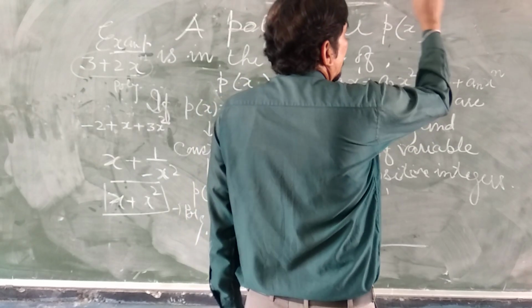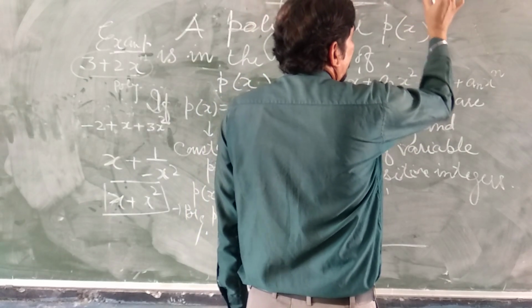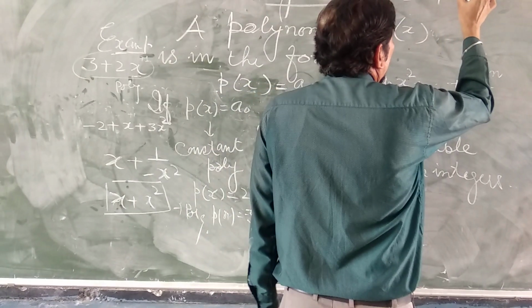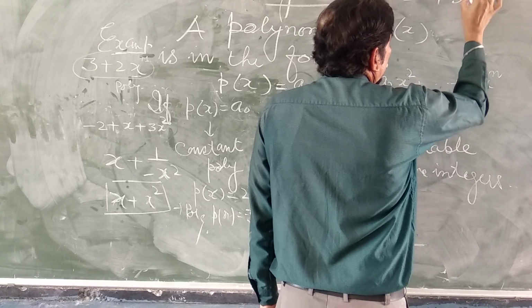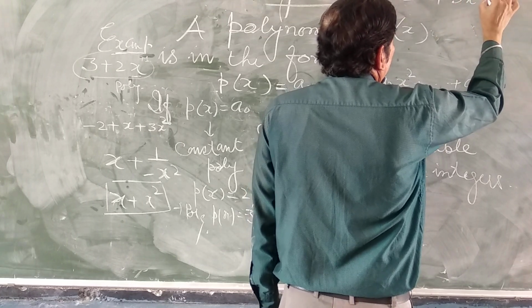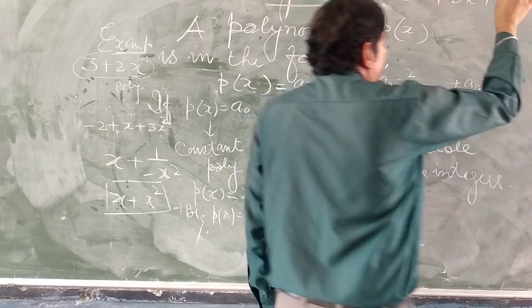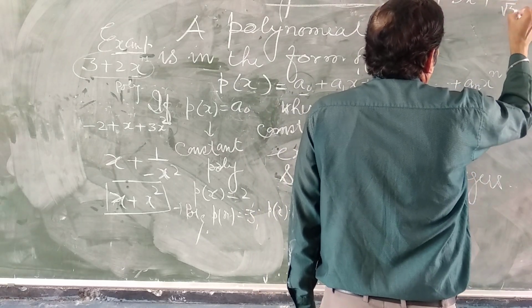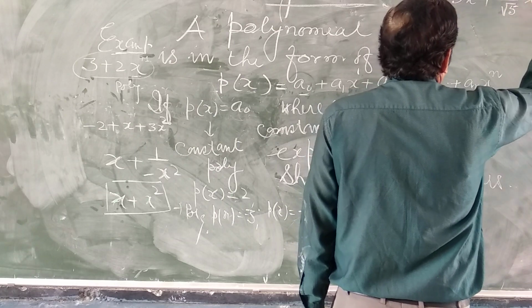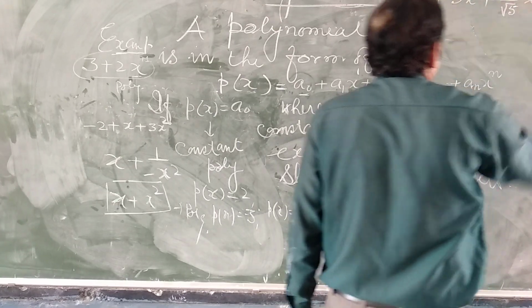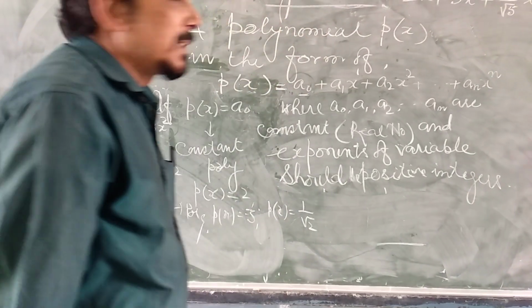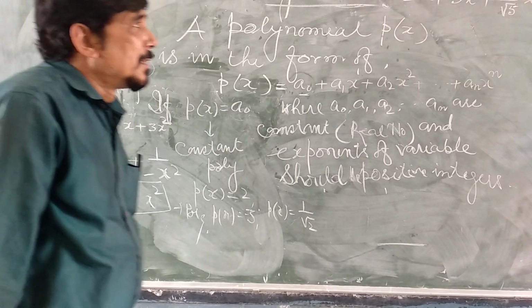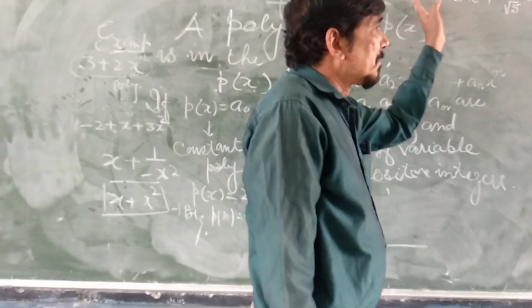Like this, suppose you are taking 2x plus 3x square plus 1 by root 5 x raised to the power minus 3. Now there are 3 terms. The first term is satisfied.